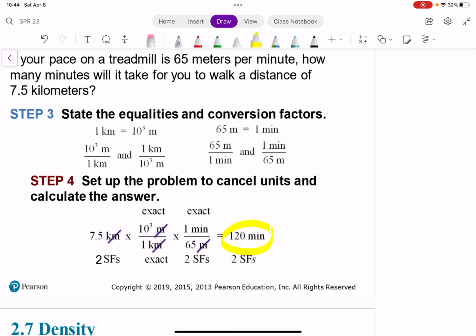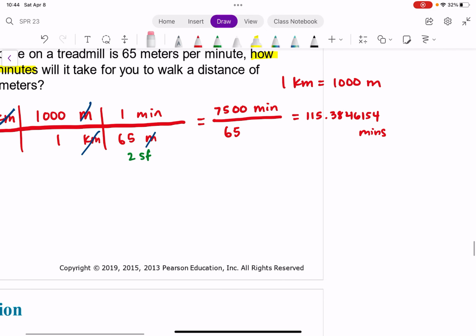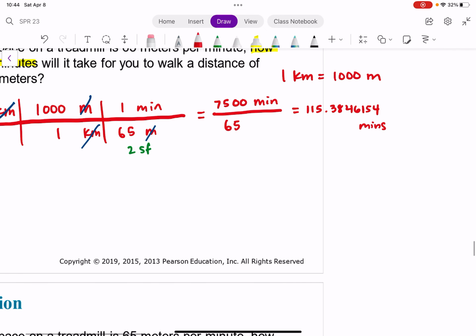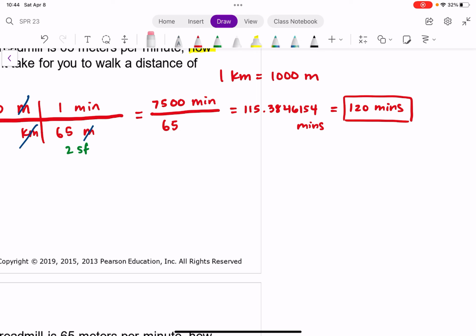I was going to see if they did it in scientific notation, and you could, but it would be just as easy to round this to 120. Because 115 is so close to 120, you're just going to have to do some rounding. I know that feels annoying because we have this really beautiful number with a bunch of different decimal places, but we can only be sure of 2 of those sig figs. So we've got to round up. And how many sig figs are in 120? 2.